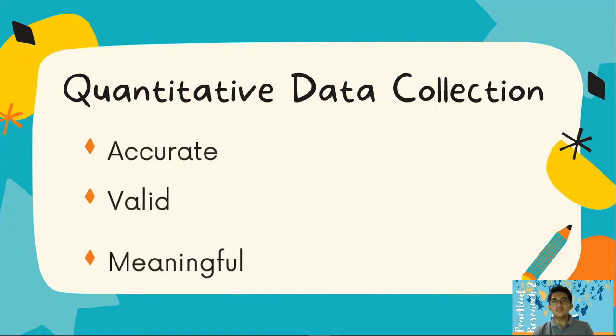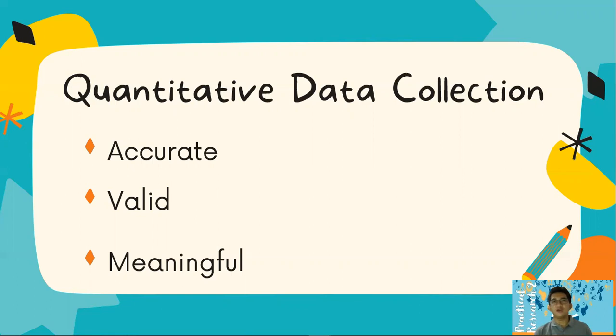Another characteristic of quantitative data is that it should be accurate, valid, and meaningful. Quantitative data collection plans for quantitative studies ideally yield accurate, valid, and meaningful data. This goal requires much time and effort to achieve. So, we will go through the process of validity and reliability.